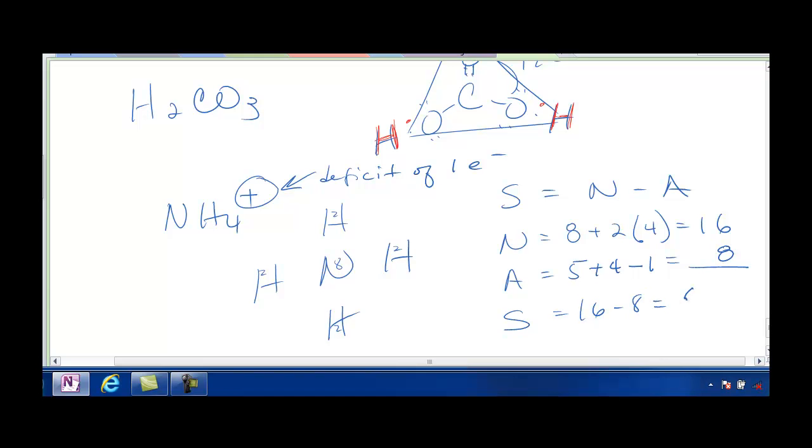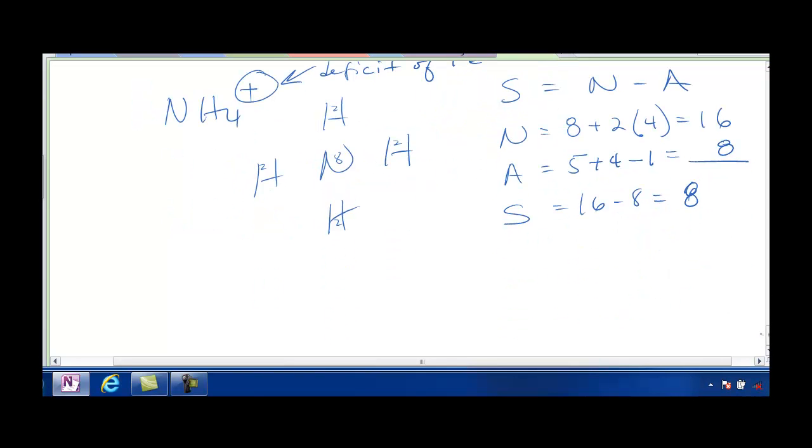I share 8. So if I share 8, I'm going to draw a bond here, a bond, and a bond. That's 2, 4, 6, 8. So after a while, you don't need to do dot, dot, dot, dot. Every electron pair, every dot, dot, is a covalent bond.